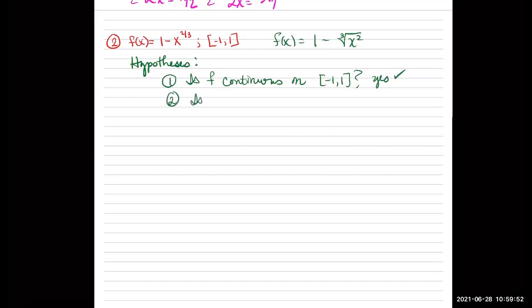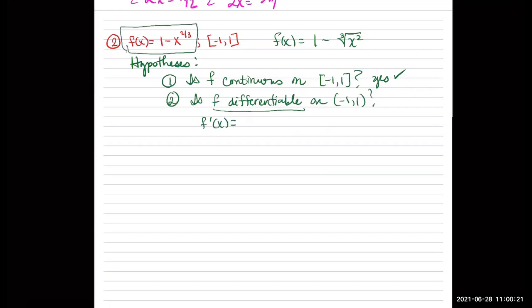So the next thing that we have to check is to see if f is differentiable on the open interval from -1 to 1. And remember, to figure out if a function is differentiable means, is the derivative defined? That's what it means to be differentiable. So we need to actually find the derivative.